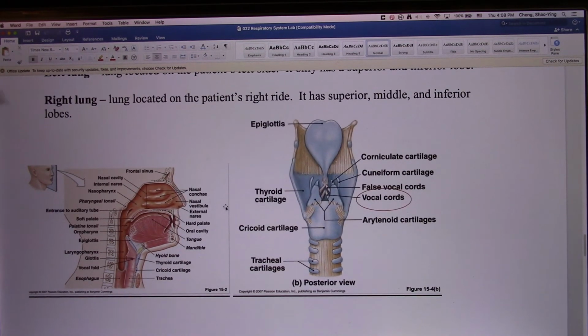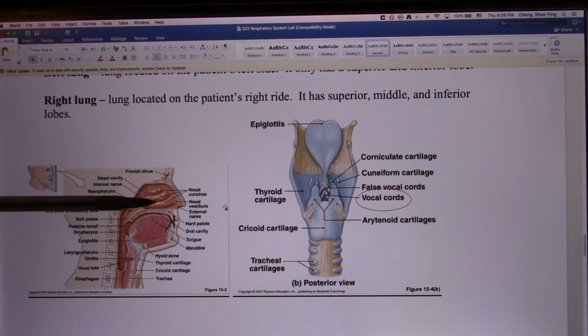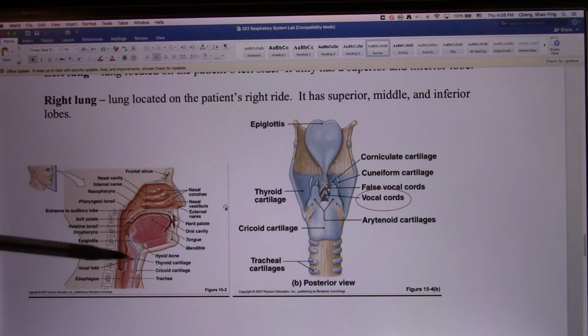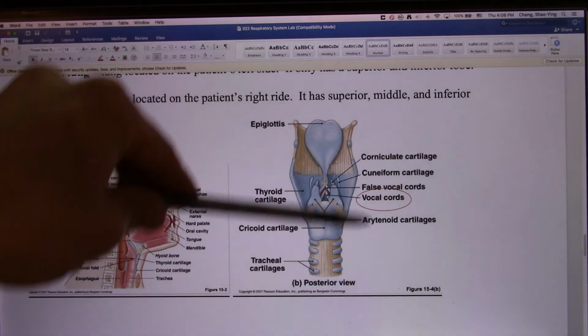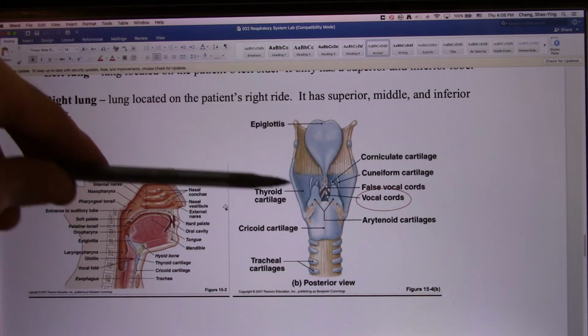Okay, so these are pictures I copied and pasted from your textbook. These show you the structure. From your nasal cavity, you see those foldings are nasal conchae, and now you go to the pharynx, and go through the epiglottis, go to your trachea. And that's your vocal cord.